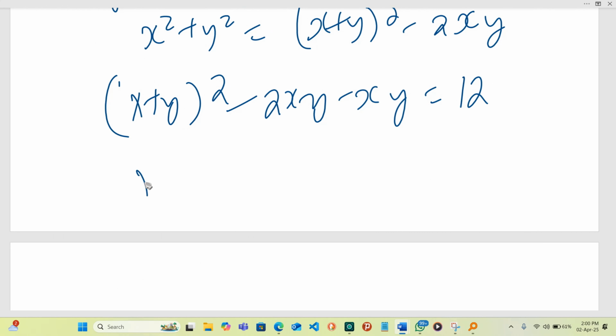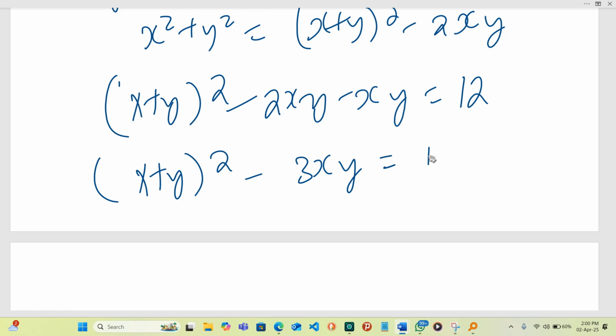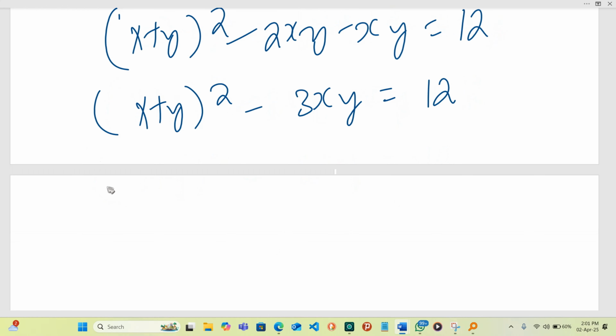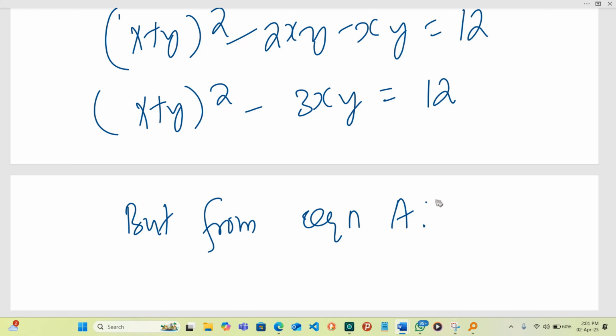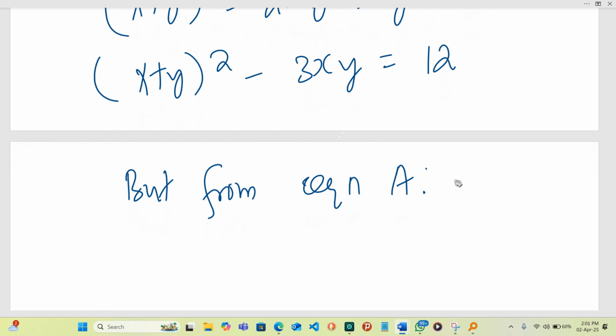So this means I'll have (x plus y) squared minus 3xy equal to 12. But again, from equation A, we know that (x plus y) over xy is equal to 3 over 4. So when we cross multiply, it becomes x plus y equals 3 over 4 xy. So I can put 3 over 4 xy here.